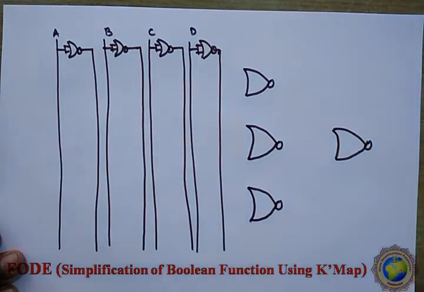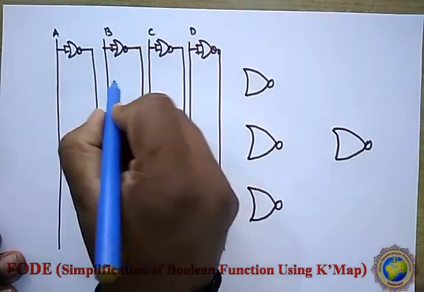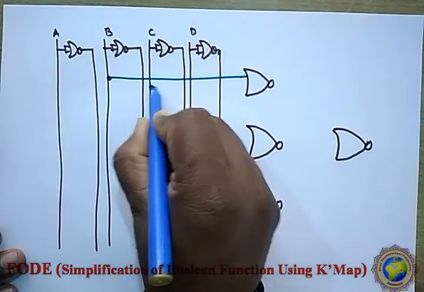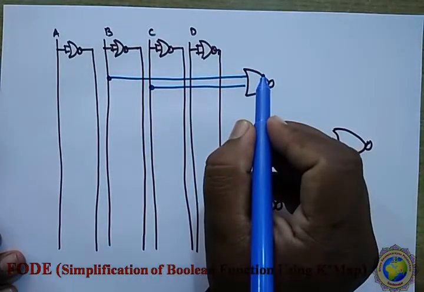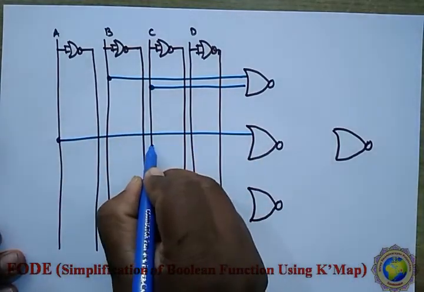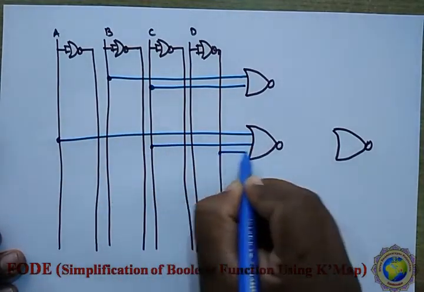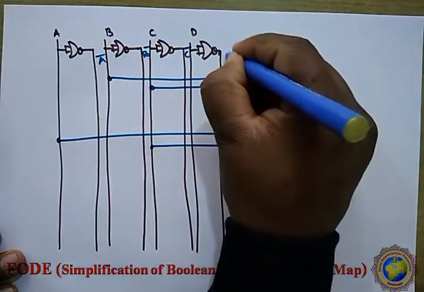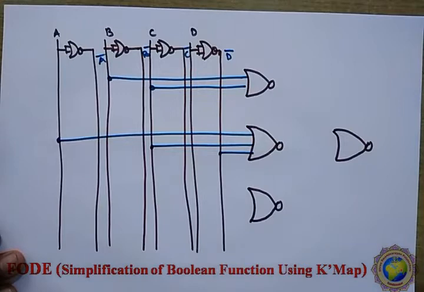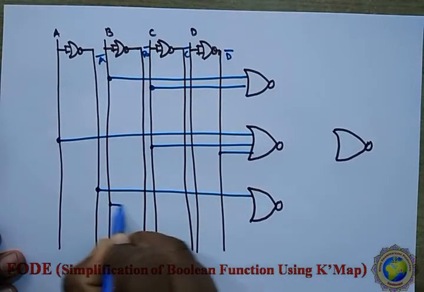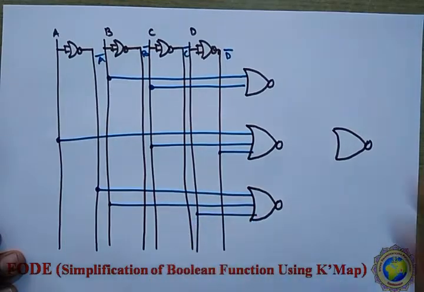The first is B plus C, connected with B and C. The second is A, C, D bar, so first A, then C, and then D bar. And the last is A bar, B, D.